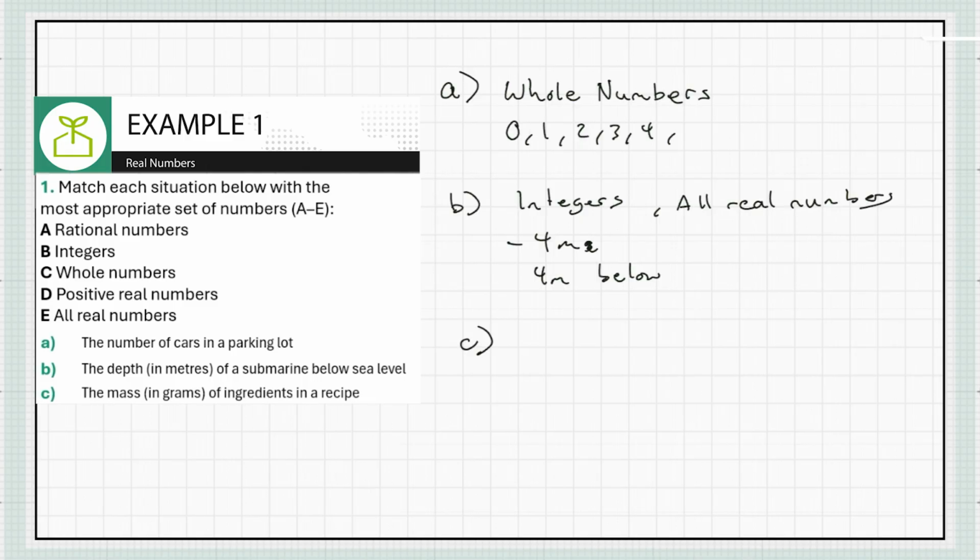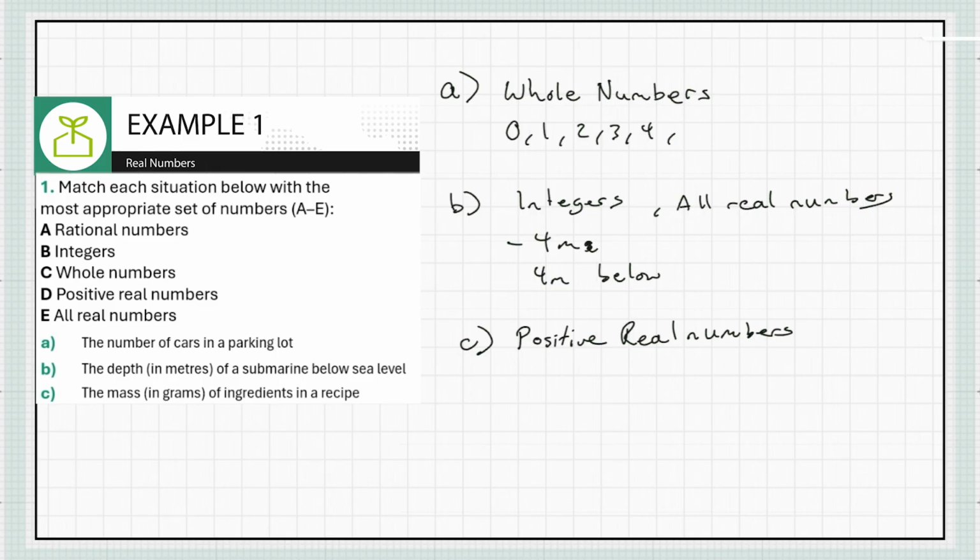Alright, C, the mass in grams of ingredients in a recipe. So this is going to be positive real numbers. And the reason is because I can't add negative 1.5 cups of flour.